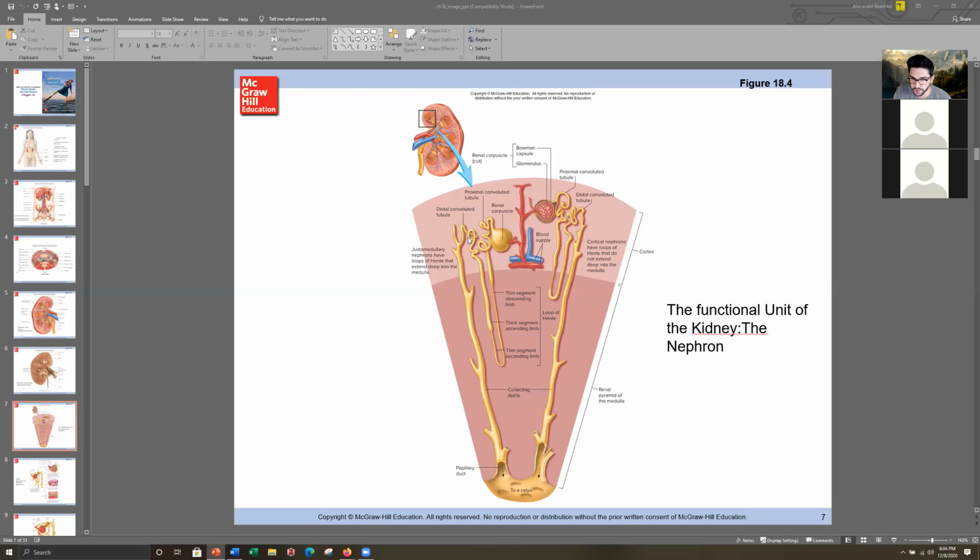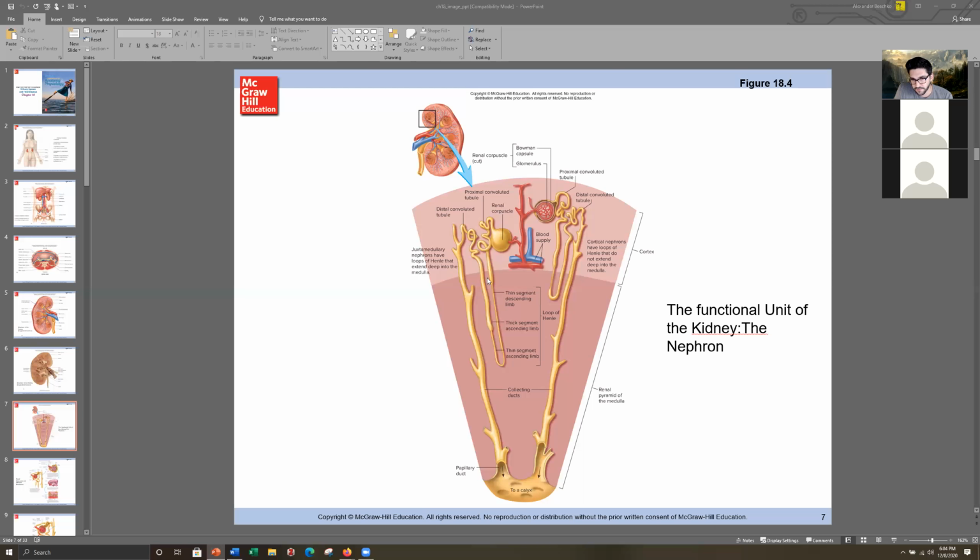As the filtrate gets back up there, it's usually fairly dilute or lower in concentration. And depending on what that looks like, the presence of something like vasopressin or antidiuretic hormone can control whether or not we need to reabsorb more water or get rid of some, right?